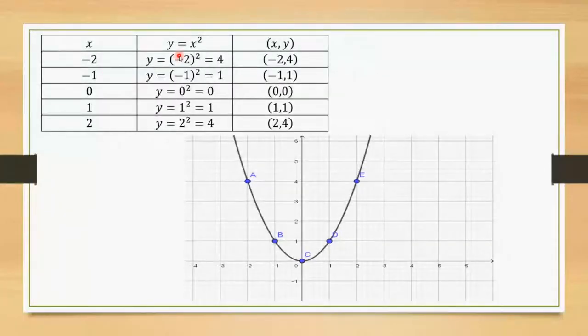In other words, we need different solutions to this equation. So we would have y equals x squared. Okay. So for x equal to -2, we would have y equals -2 squared, which is 4.